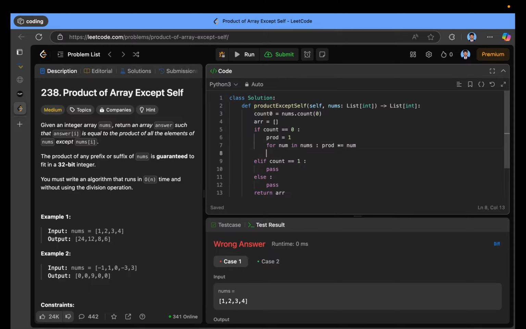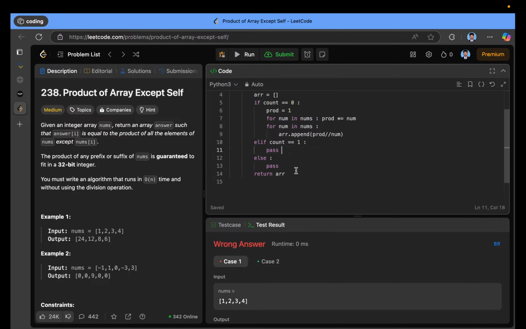This will give me the product of every element. Now I have to give the answer: for num in nums, arr.append the whole product divided by the present number. This should give me the right answer.